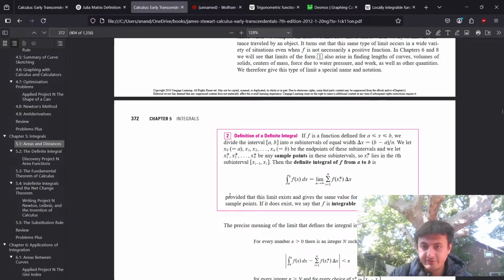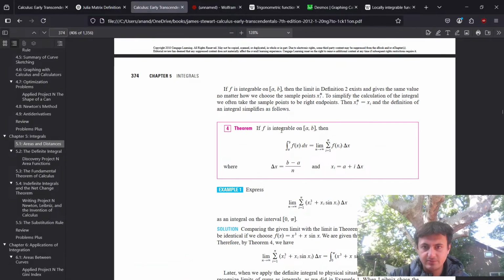If the limit exists and gives the same value for all possible sample point choices, then f is integrable. All right, very good. So that's important. All right, now we can move on.